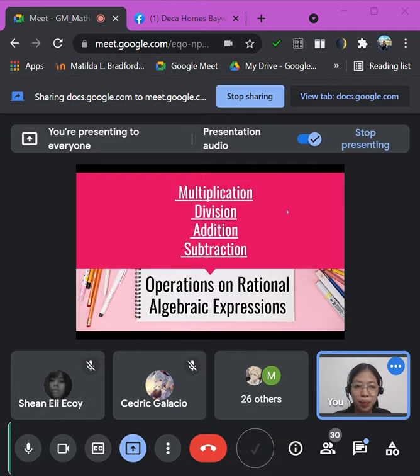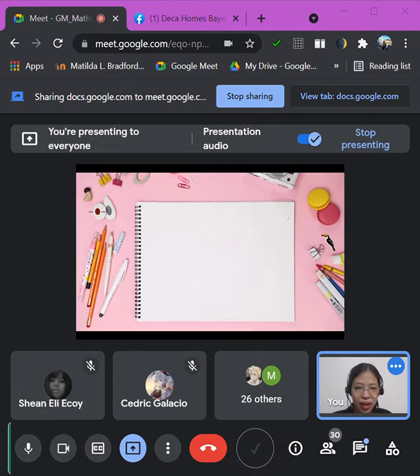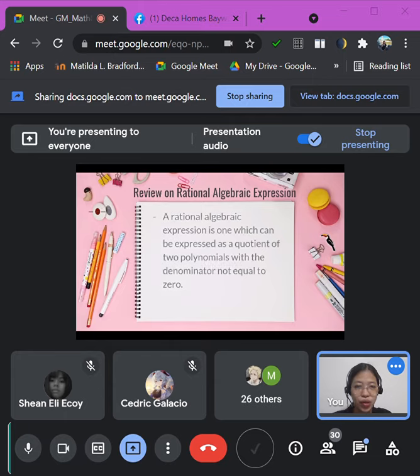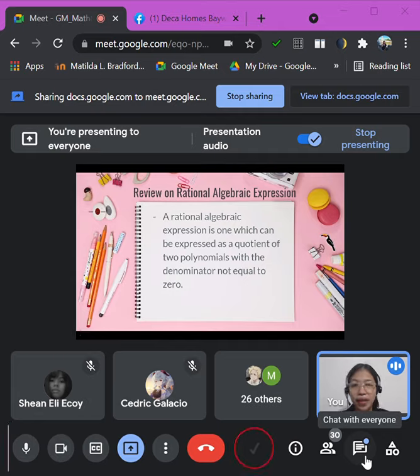Okay, so before that one class, let's have a review first on our rational algebraic expression. So when we say rational algebraic expression, that is one which can be expressed as a quotient of two polynomials with a denominator not equal to 0.